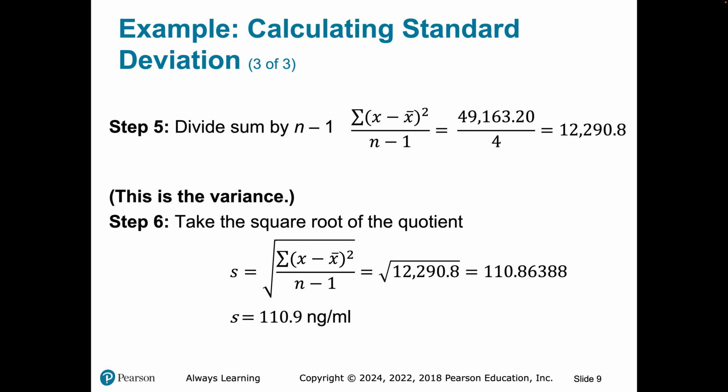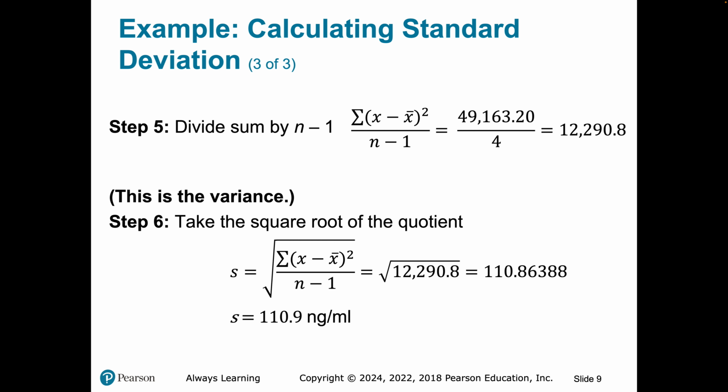Now, we also talk about the variance. The variance is this value up here, the 12,290. It's the value we take the square root of to get the standard deviation. The variance is typically a rather large number, and the variance is in units squared.